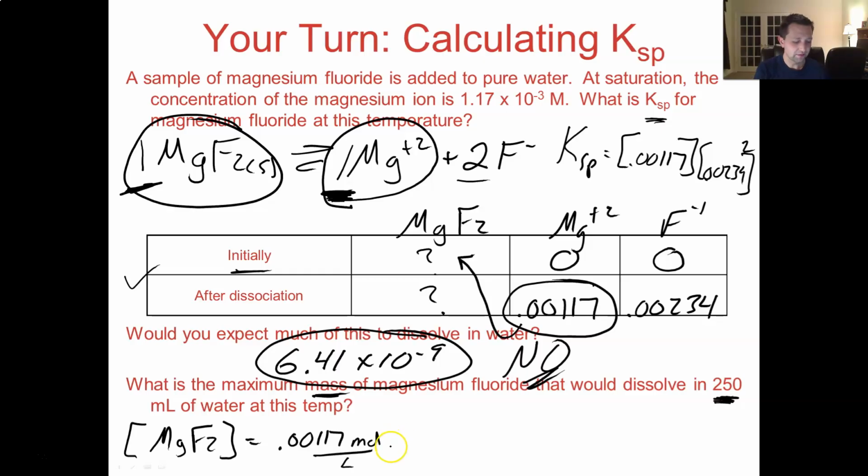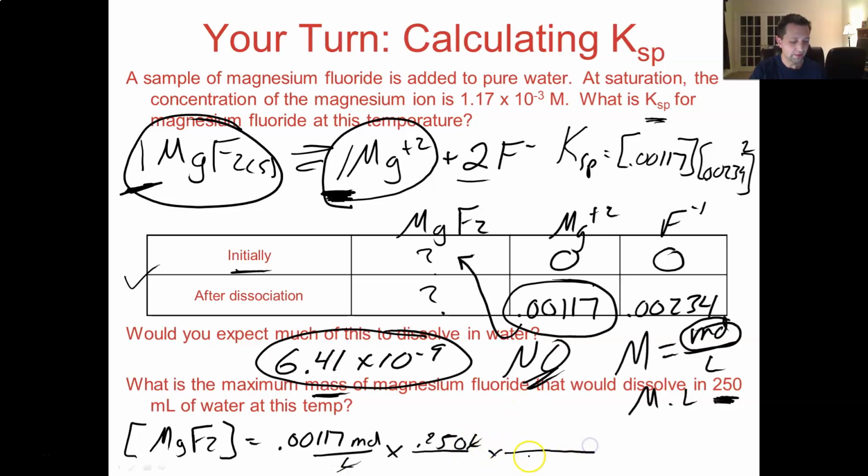Okay, so to knock this out, we want to multiply this by 0.250 liters. Okay, so I'm just doing molarity times volume, right? So we have our molarity is moles per liter equation, right? I want to solve for moles, so it's just molarity times my volume in liters. I'm just factor labeling it so it looks really nice. And then I want to cancel out moles. I want to go to grams.